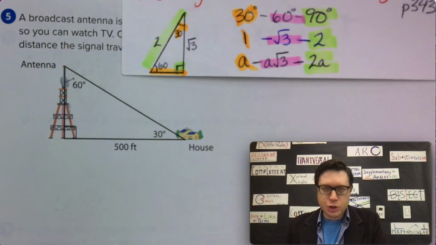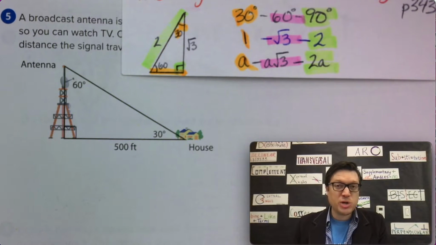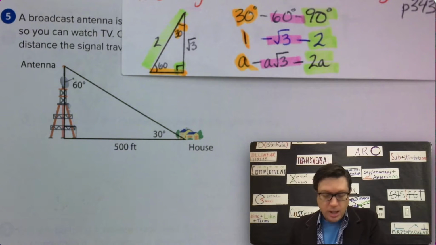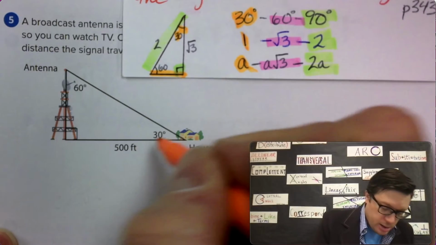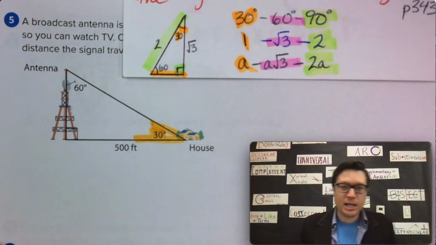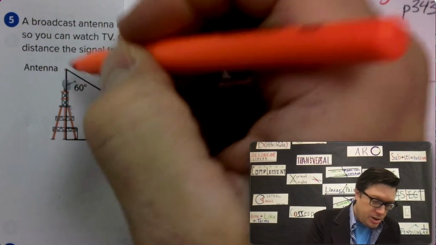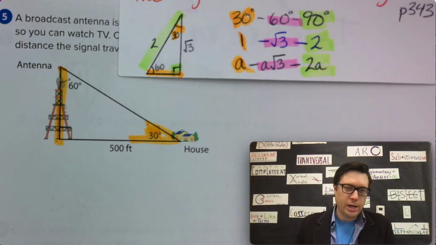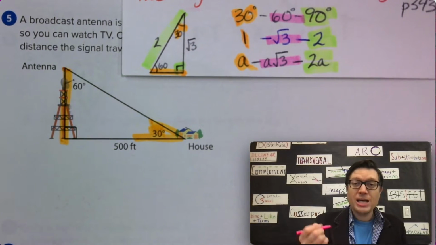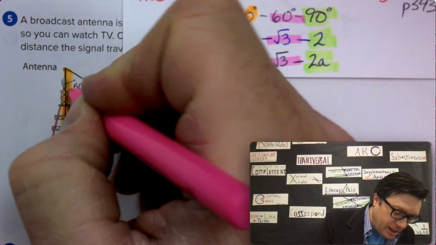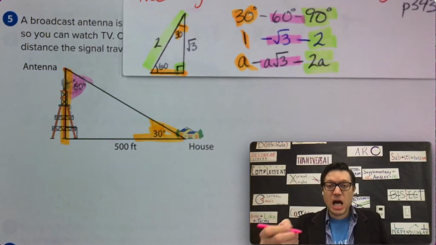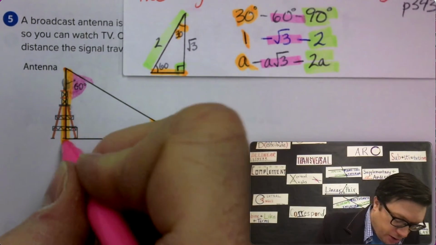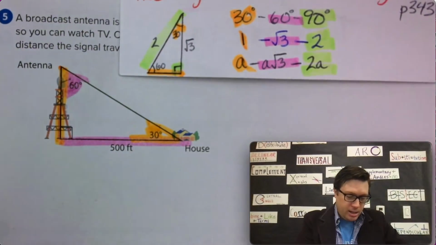Please consider doing the highlight color on a stressful test question. Highlight the 30 degrees. Consistently, the 30 degrees is highlighted orange, which means the side opposite 30 degrees is also highlighted orange. Highlight the 60-degree angle pink, which means the side opposite 60 degrees is highlighted pink.